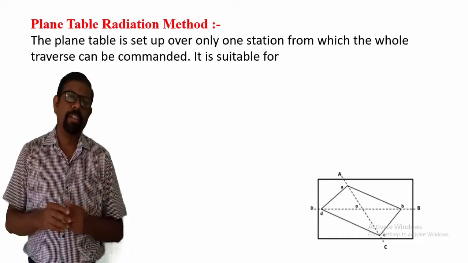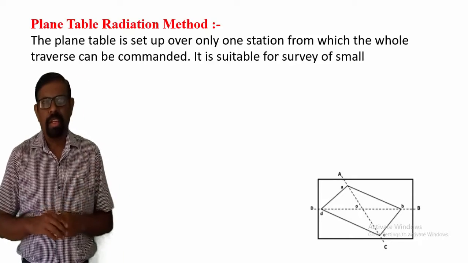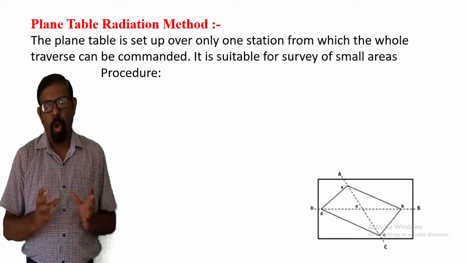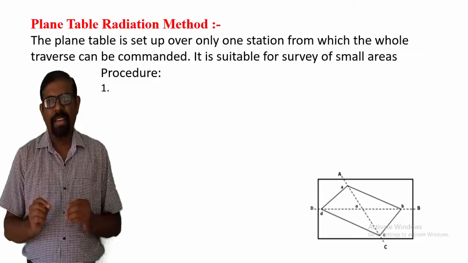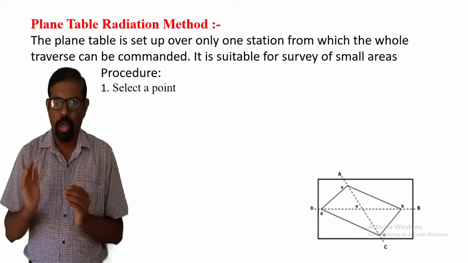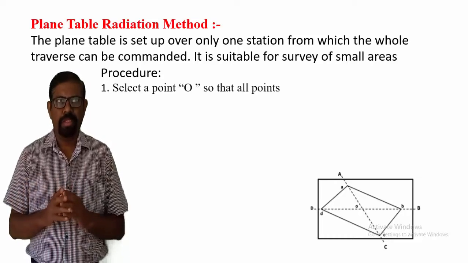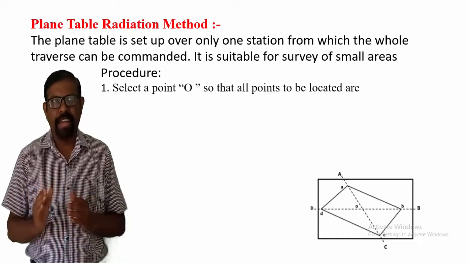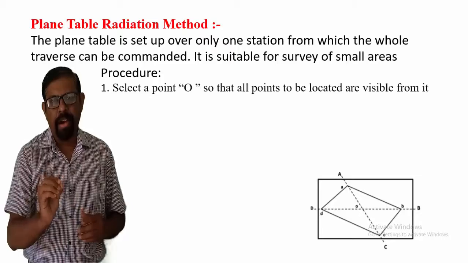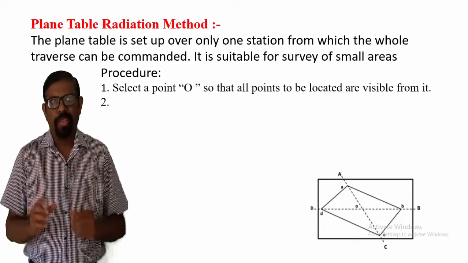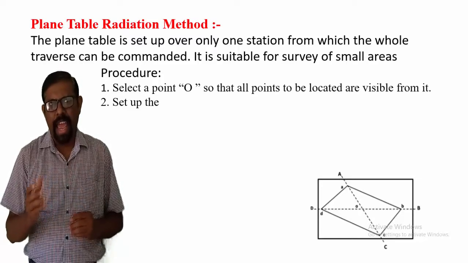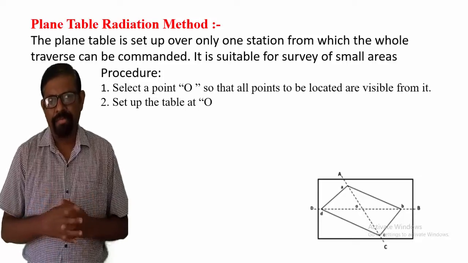Procedure of the plane table survey. First, select a point O so that all the points to be located are visible from it. Second, set up the table at O, level it and do centering.